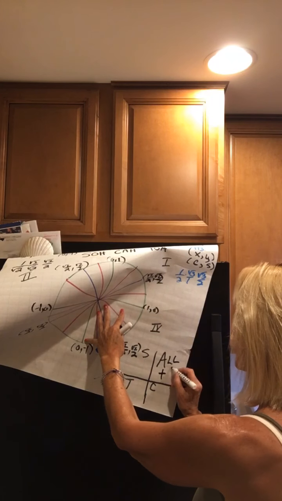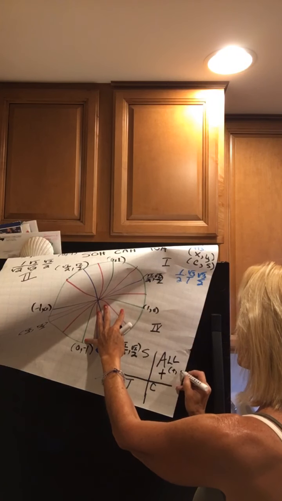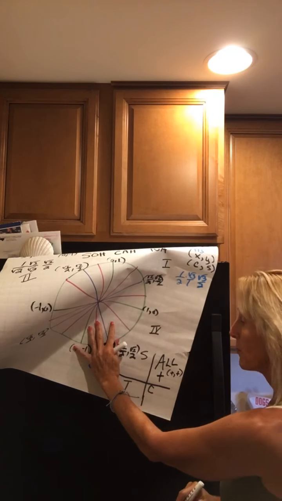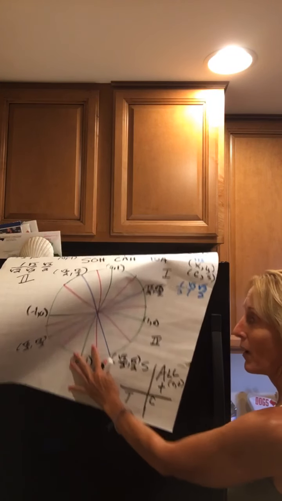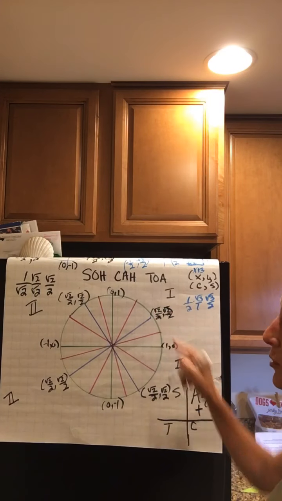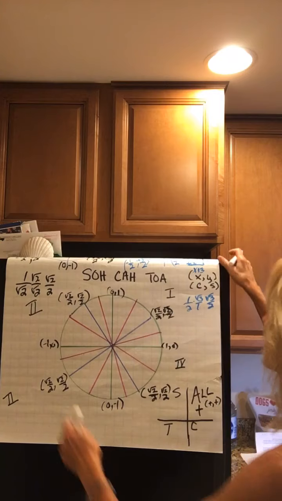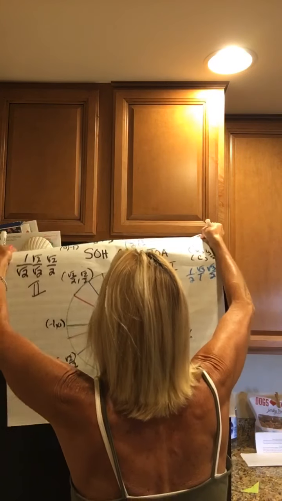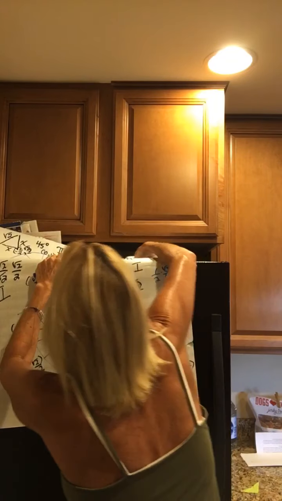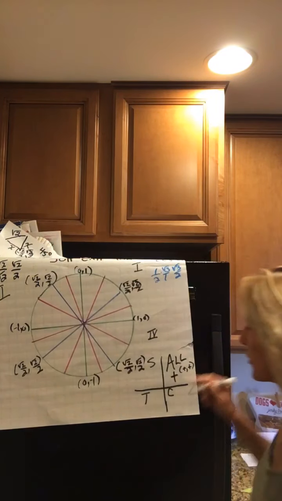That means my cosine and my sine are both positive. So that means for my ordered pair here, they're both going to be positive. Okay, let's see if I can move this up just a little bit so I don't have to crunch the paper as much. This is all seniors turn crazy.